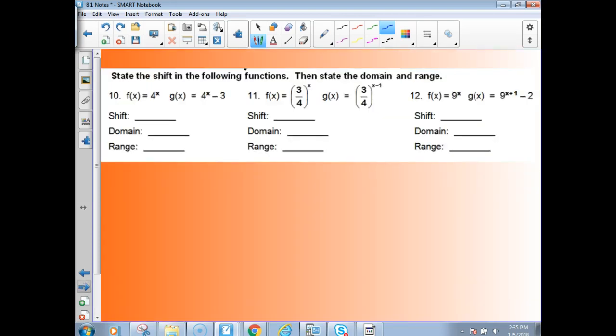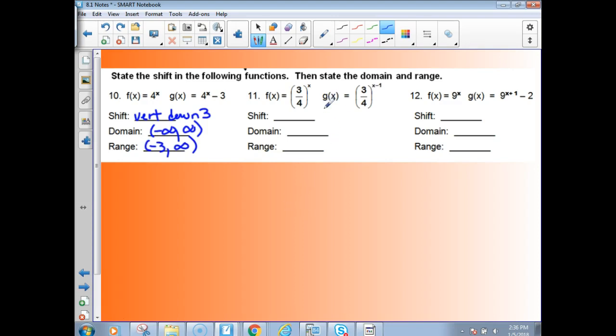All right, so the asymptote shifts whatever the vertical change is. Take the shift in the following functions. What's the shift going to be here? This will be a vertical down 3. Domain will be negative infinity to infinity, but what changed is the range. So that's going to be negative 3 to infinity now.